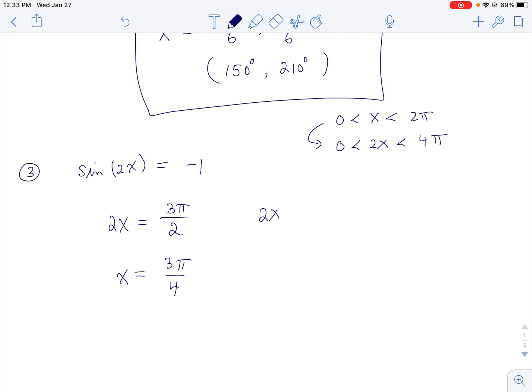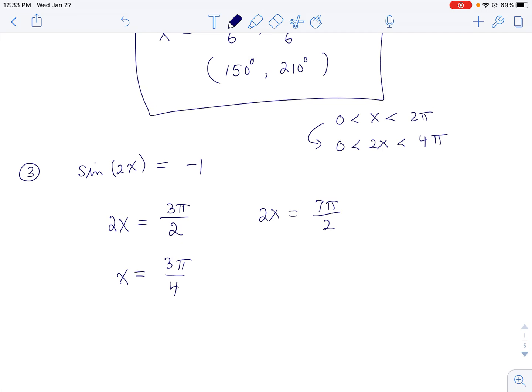So getting back to the original problem, sine of 2x equals negative 1. Well, we said, hey, sine is equal to negative 1 at 3 pi over 2, but if I loop around the circle again, sine is equal to negative 1 at 3 pi over 2 plus another loop around the circle. That's actually going to be down at 7 pi over 2.